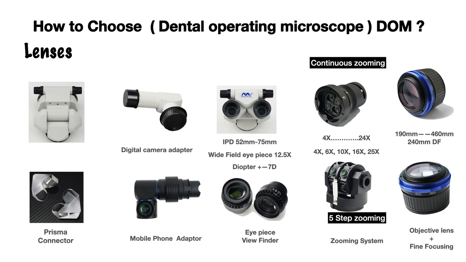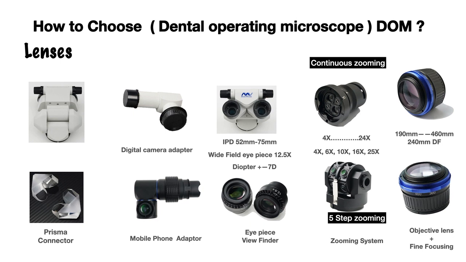In the eyepiece, try to choose 12.5x, and at least you should choose plus minus 7D, so you have a wide field. About the beam splitter or the accessories, I prefer to use an integrated camera, not, let's say, an external camera.